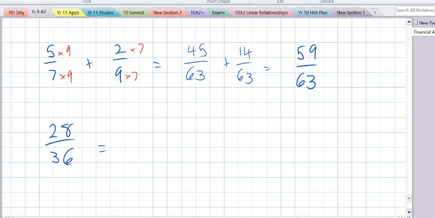You divide by 2. Both 4 and 2 work, but yes, we can divide by 2 to get 14 over 18, and then 2 again for 7 over 9. Or you could divide by 4. You have to find the highest common factor. It would be the same thing eventually.